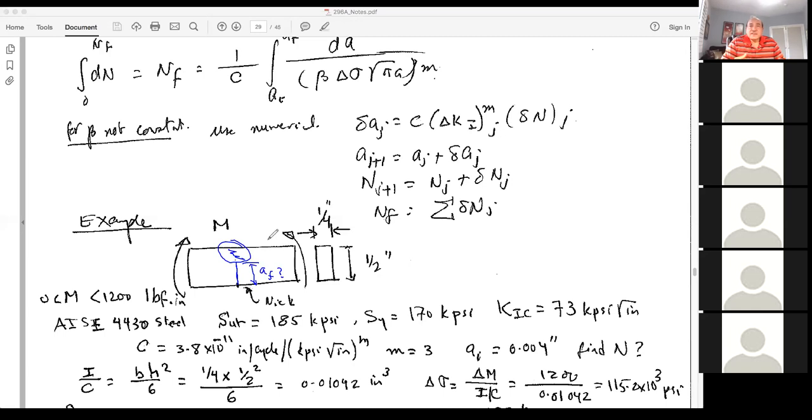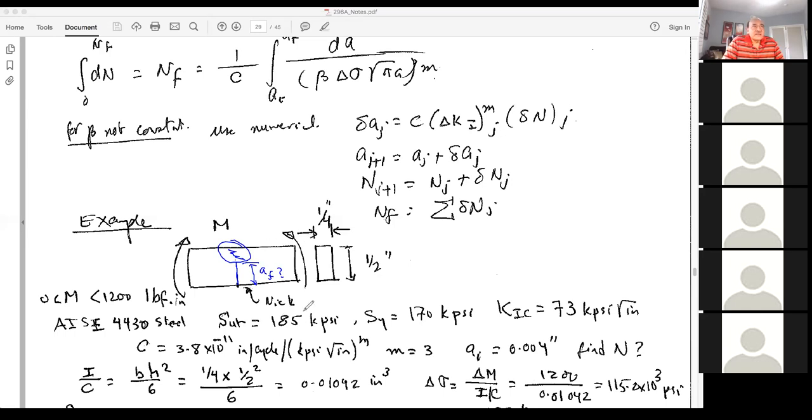So we have to have another test, and then the other test is that we ask ourselves what is the stress in that remaining ligament, and is it greater than the yield strength of the material? And that's what we have in this example.